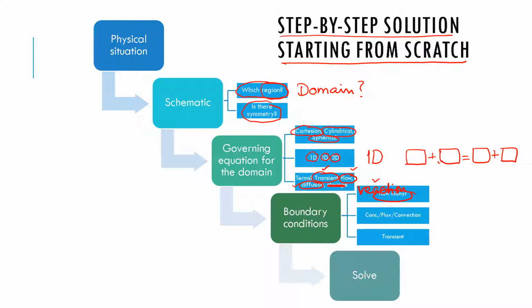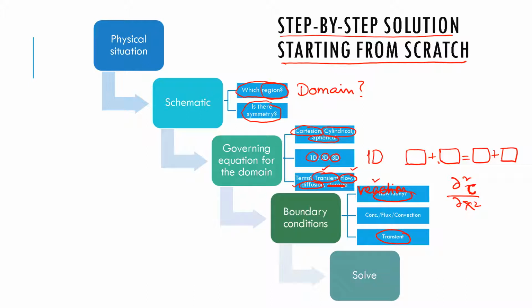When we have a second order term like del squared T by del x squared, and in this chapter, del squared C, then we need two boundary conditions for that. Then we need an initial condition for time, for transient processes.